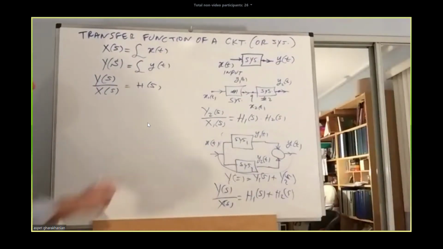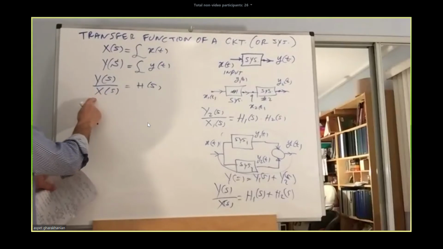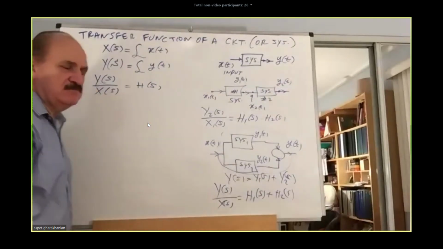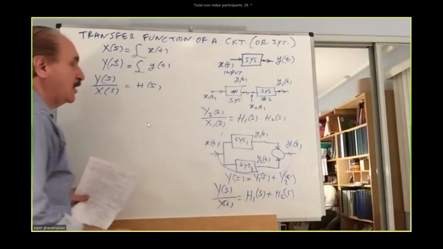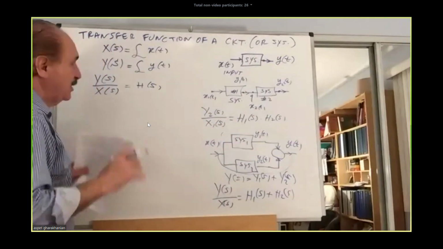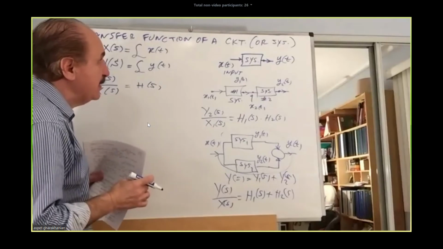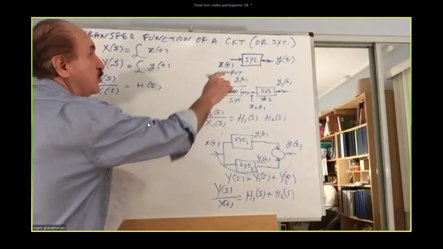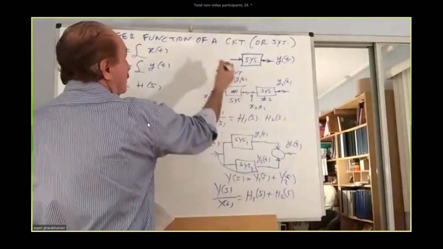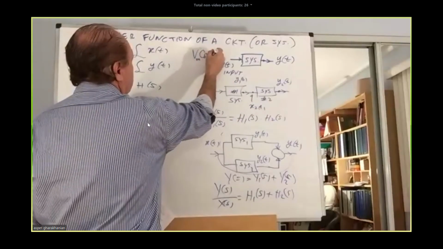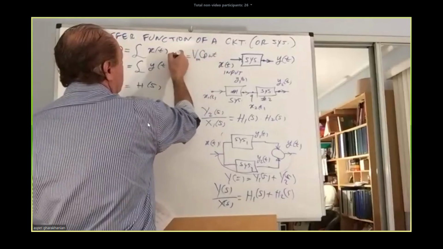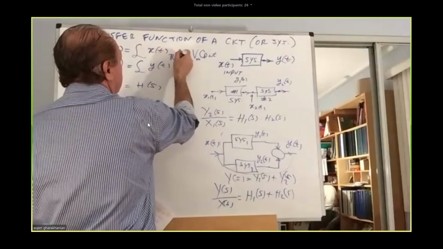All right. The output Laplace over input Laplace, you already determined, maybe by analysis, that complex impedance concept. Now suddenly we want to know what will be the output response if I put in Vm cos omega t, some kind of a sinusoidal input as x of t.